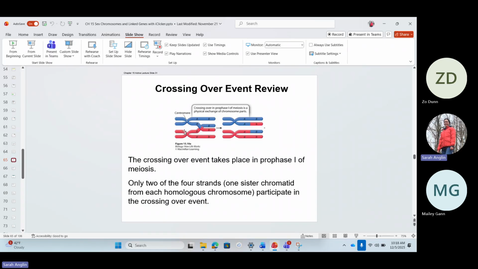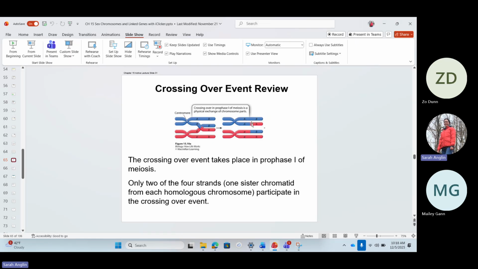The two chromatids that participate in the crossing over event are non-sister chromatids, right? Because this one here and this one here don't have to be identical because they can have different alleles. They do code for the same traits, but it is possible that they have different alleles. So they're non-sister chromatids.